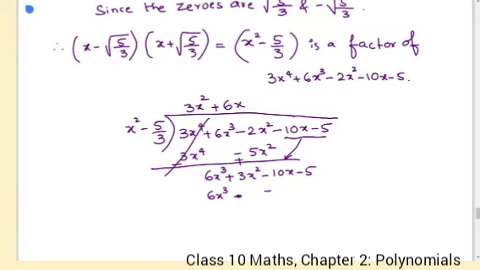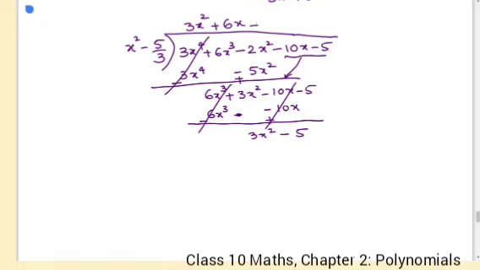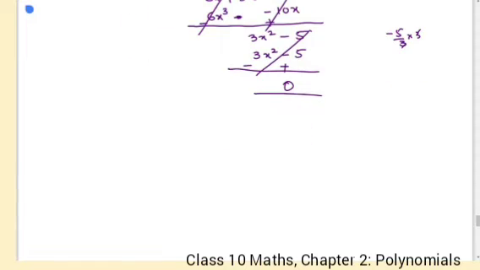It becomes 6x cube minus 10x. Signs get changed. These two terms get cancelled. Remaining terms 3x square minus 5. Multiply it with 3. We get 3x square minus 5. And the remainder becomes 0 because all the terms get cancelled here.